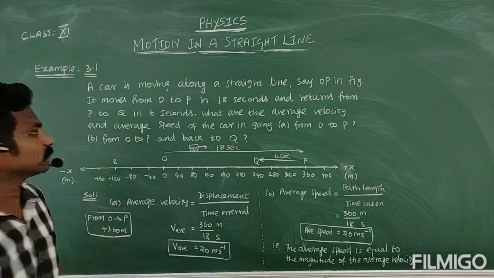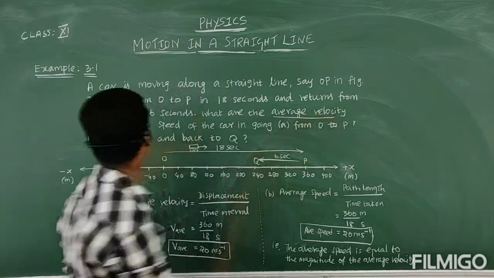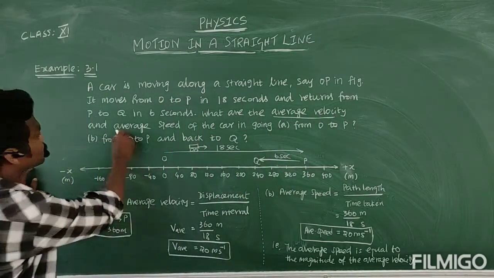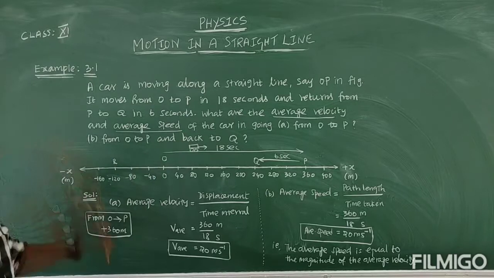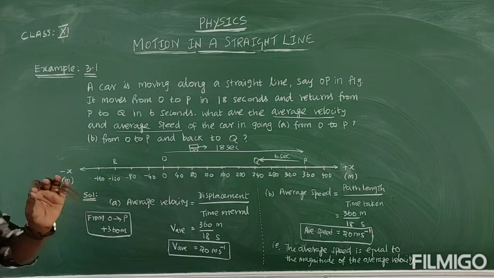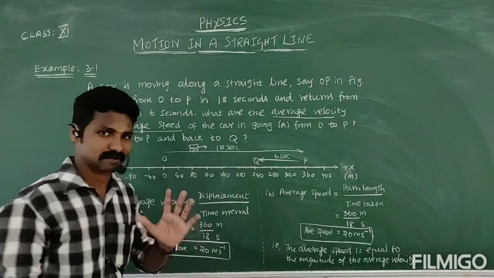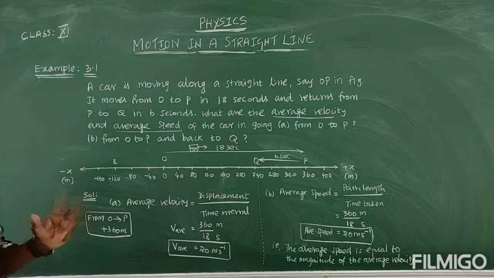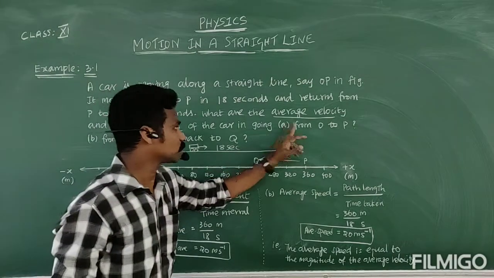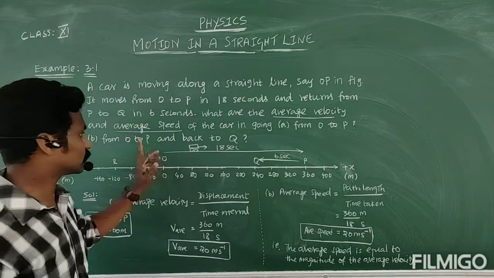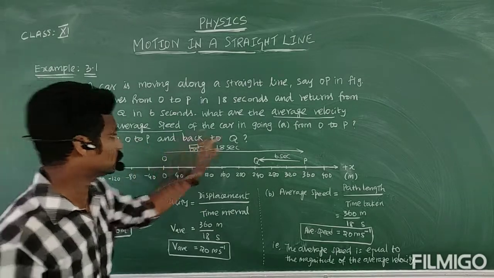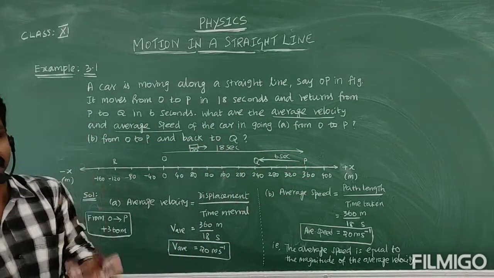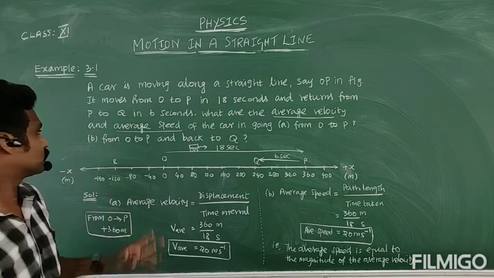So, what are the average velocity and average speed of the car? The first question is from O to P alone: what is the average velocity and average speed?